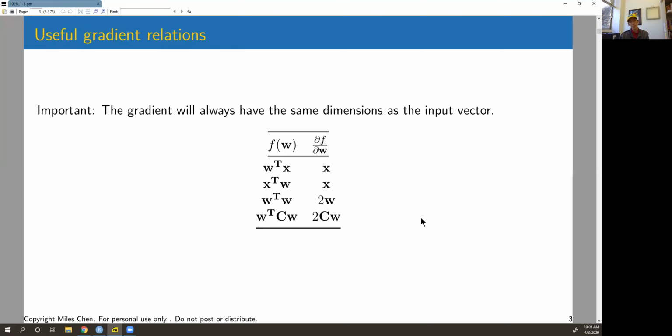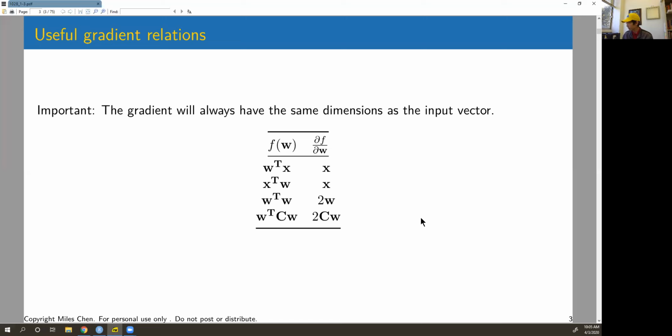We left off with this table showing that all of these functions here, W transpose X, X transpose W, W transpose W, W transpose C W, all return a scalar, a 1-by-1 value.